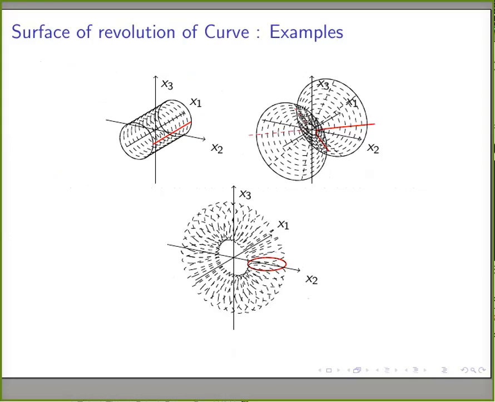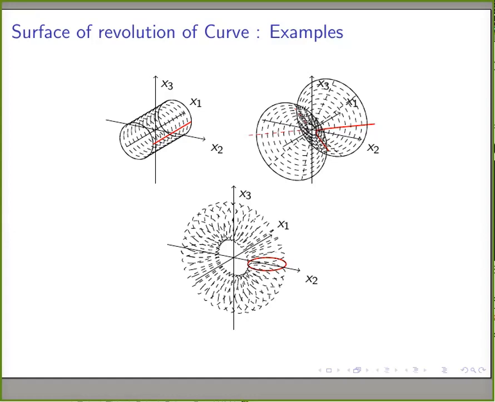If you go to the exercises, in exercise 4.8a, the exercise is to sketch the surface of revolution obtained by revolving x2 equal to 1 about the x1 axis.